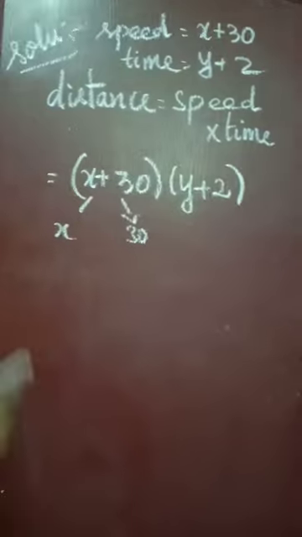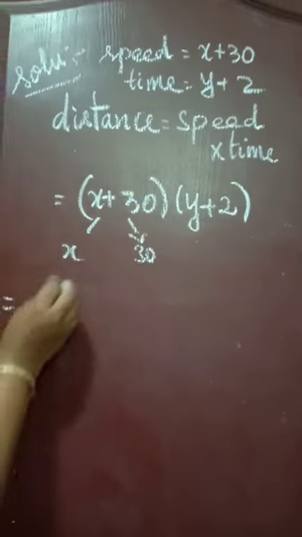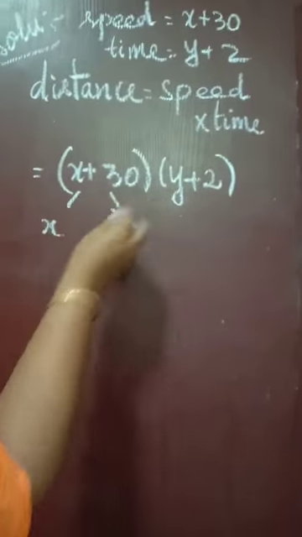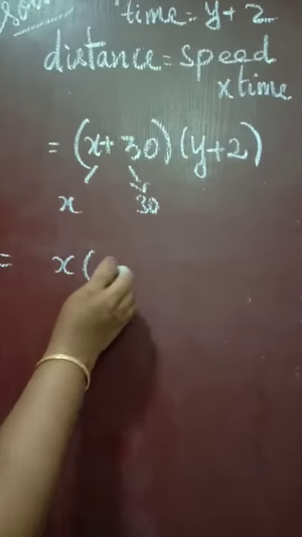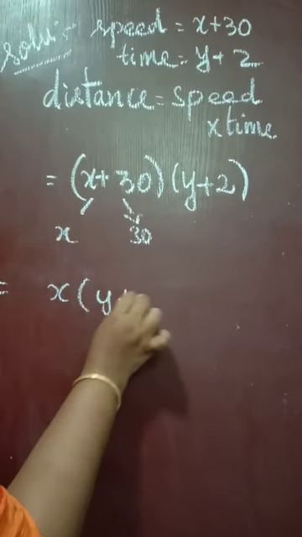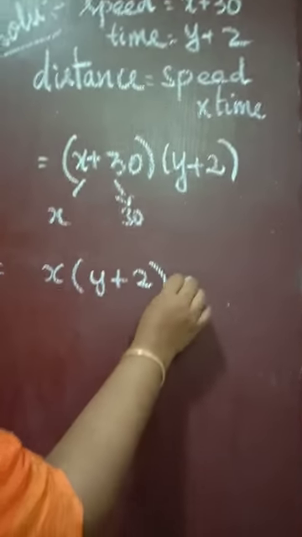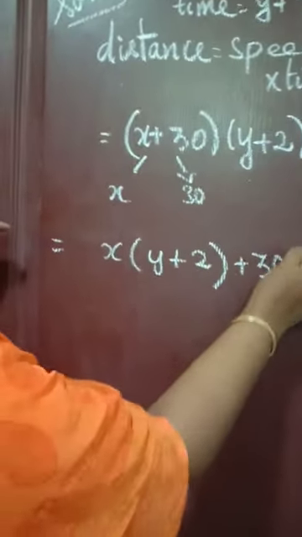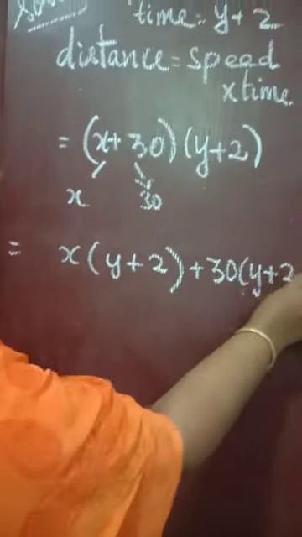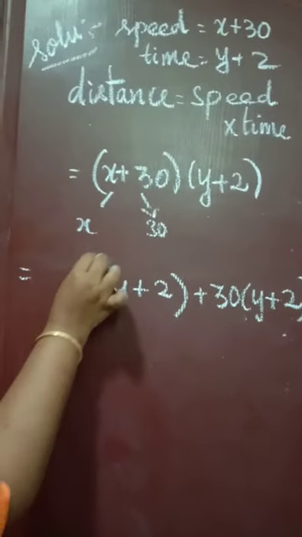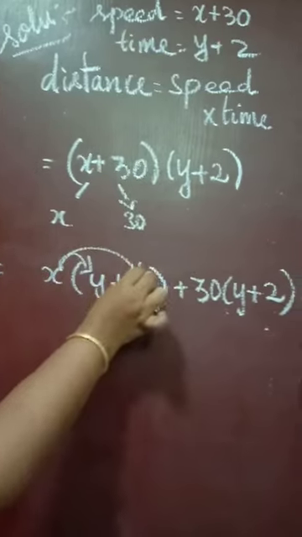So you split the terms x and 30. First multiply x with the second bracket, y plus 2. Next multiply 30 with the second bracket, 30 into y plus 2. Next apply the distributive property.